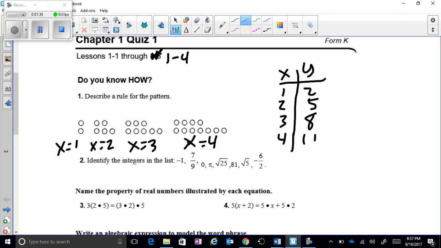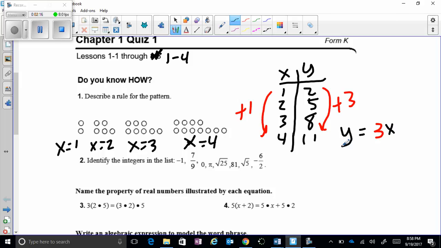And the way that I taught this in class is that if this is increasing by 1, and whatever this is increasing by will be the rate, which we would always put in front of your input or your x. So we know that the rule or function is going to have to be something along these lines. Now we might have to add or subtract something off of this to make it actually map.